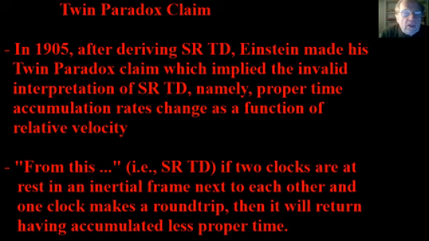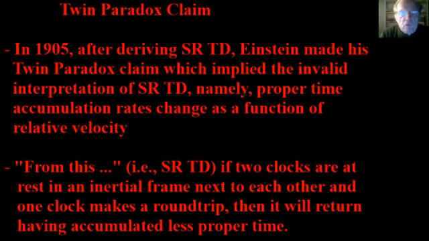Okay, what was the origin of that invalid interpretation that time dilation is talking about clock slowing as a function of relative velocity? Well, in the paper that Einstein had published in 1905, that was the seminal paper for defining special relativity.